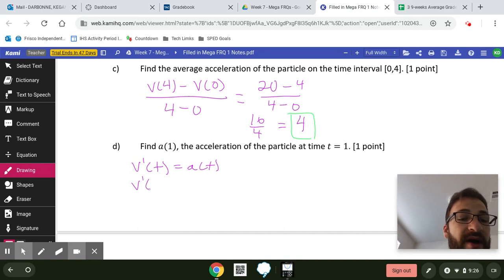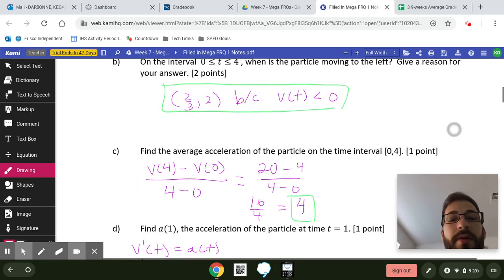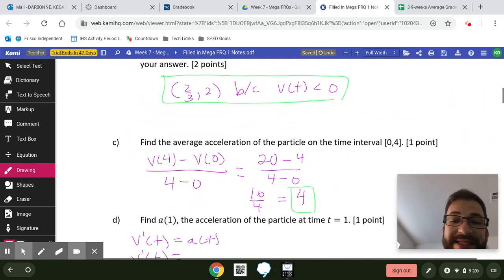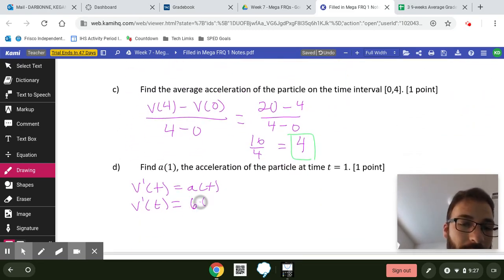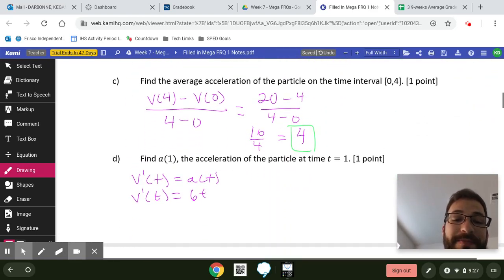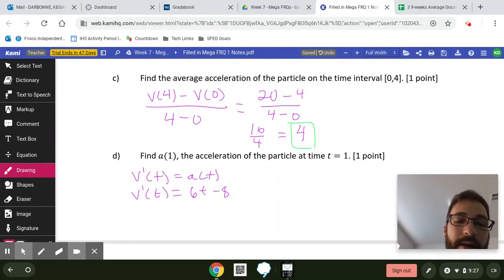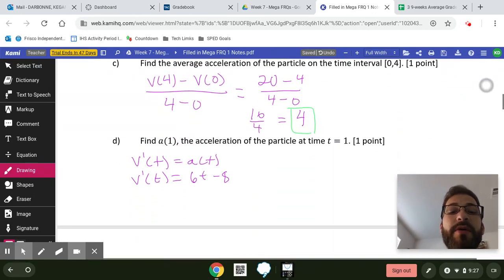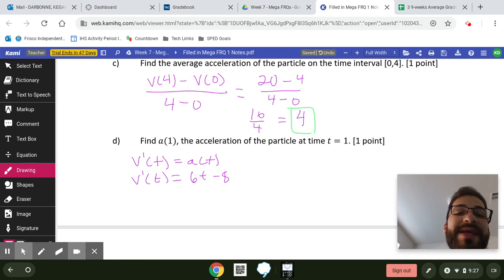So v prime of t would be equal to my derivative of 3t squared. That's going to be 6t. Then the derivative of minus 8t is going to be just minus 8. That t goes away. And then the derivative of positive 4 is going to be just 0. So our v prime of t is equal to 6t minus 8, which is the same as a of t.